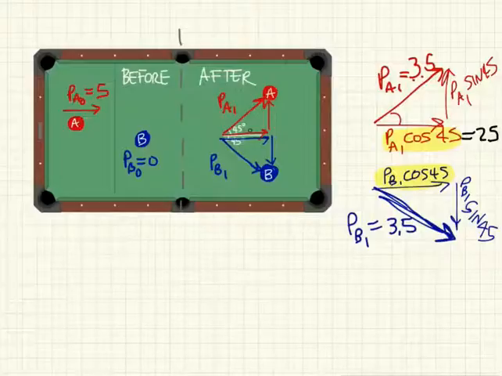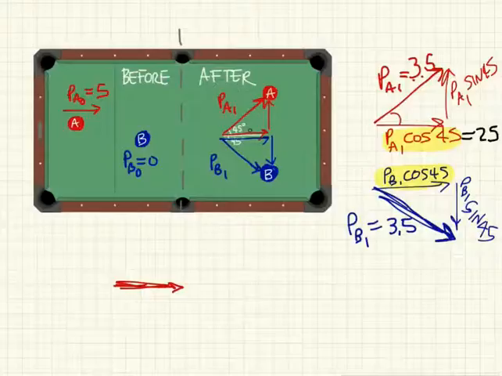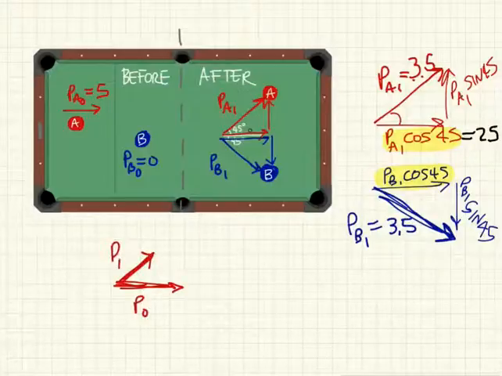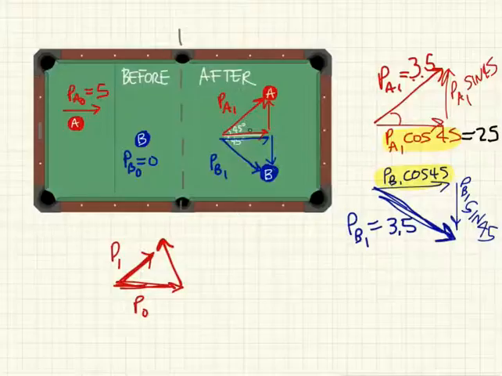You can see that object A starts with some kind of a momentum in this direction. We said that that's equal to 5 units. It ends with some kind of momentum, 3.5 units, kind of in this direction. So this is our initial momentum, this is our final momentum for object A, and now you can see that the change in momentum vector for object A is going to look a little something like this.